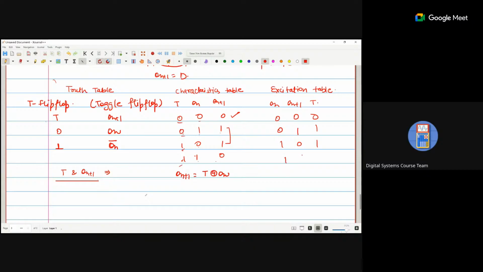And 1, 1, it is 0. So T is Qn XOR Qn plus 1.